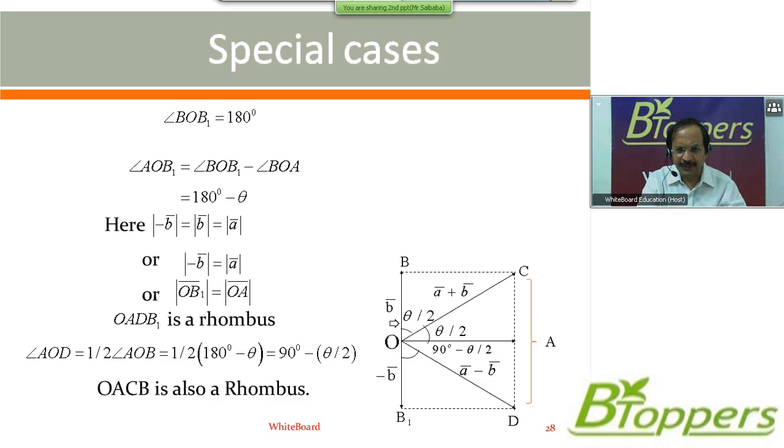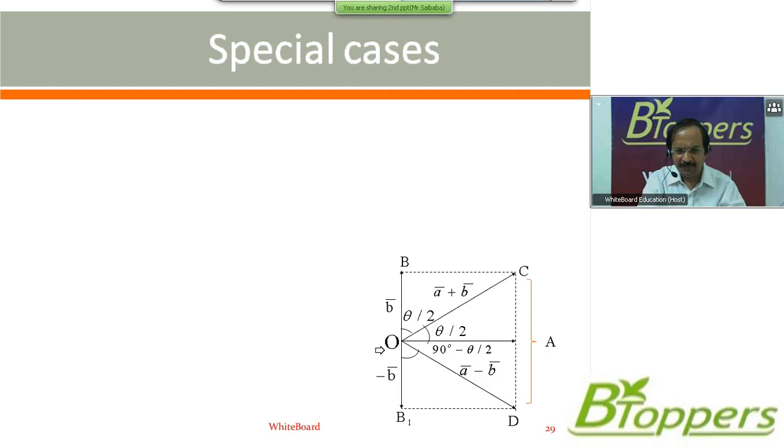That means in the figure OACB is a rhombus and OADB1 is also a rhombus. In the rhombus, the diagonal bisects the angle between the adjacent sides. So in the figure, the direct line segment OC bar represents A bar plus B bar. The direct line segment OD bar represents the vector difference A bar minus B bar.